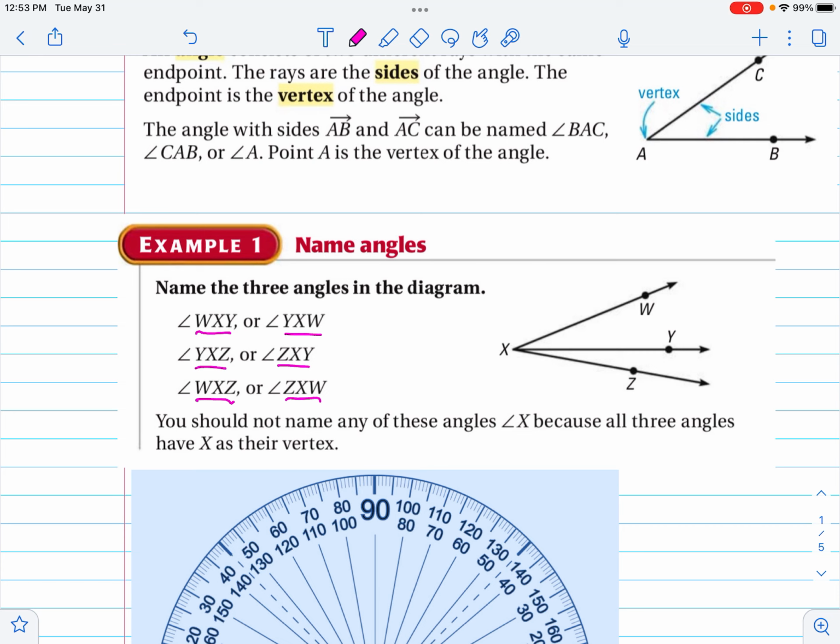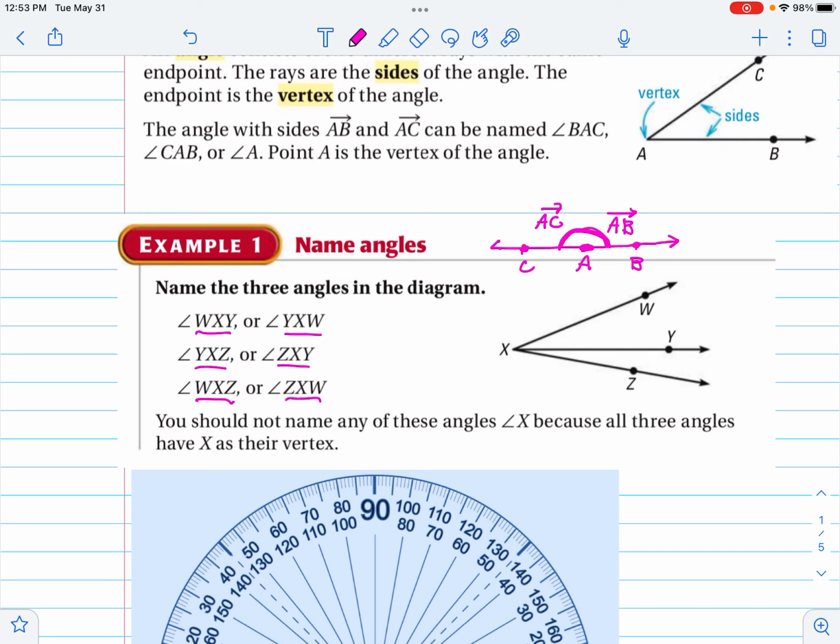If you take just a straight line, and let's suppose it has A, B, and over here is C, we've got two rays: AB, and over here AC. Now, this forms an angle, but notice this is an angle formed by opposite rays. So we call this a straight angle, and it makes 180 degrees.